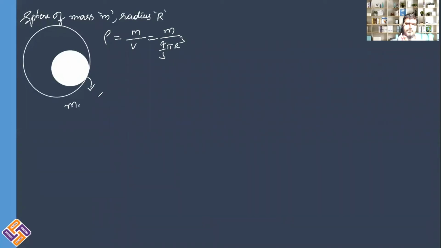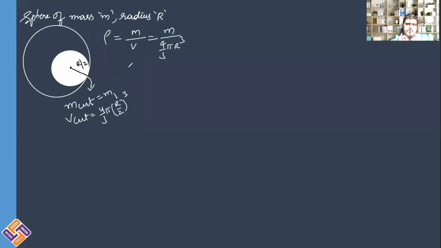Mass of the cut portion, let me consider it as m1, and the volume of the cut portion I need to calculate, that is 4 by 3 pi into, what about the radius of this cut portion? The radius of this cut portion is this part, that will be r divided by 2. So you can just write it as r divided by 2 whole power 3.